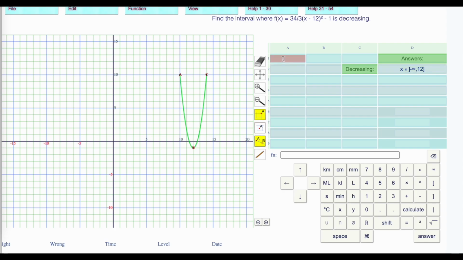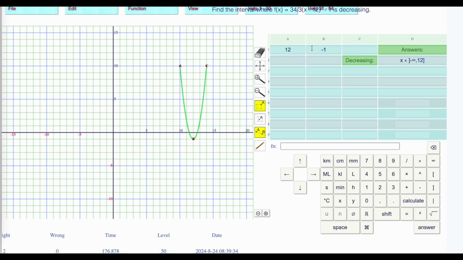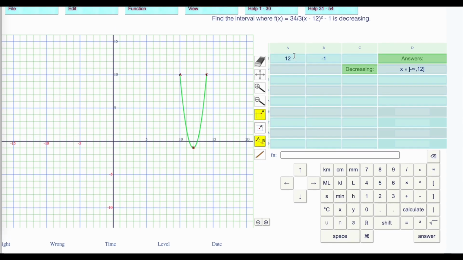When x is +12, the y value should be -1, is equal to 34 divided by 3 times open bracket, the x value, take away 12, close that, square all that, take away 1, that gives us -1. Then when x is 10, we really get 44.33. Let's look at when it's 9, we're getting 101.